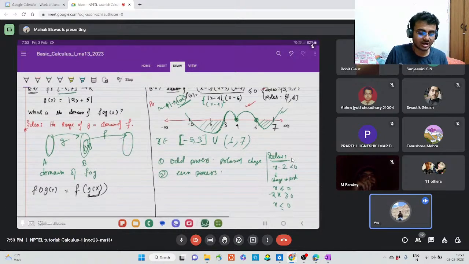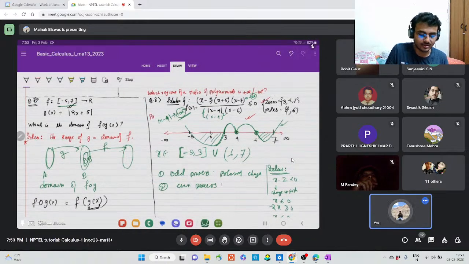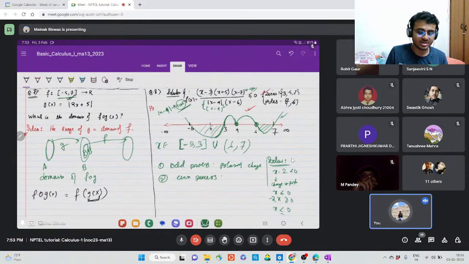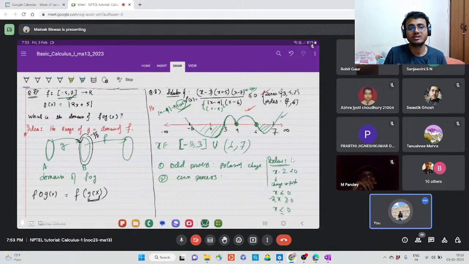So your f's domain is minus 5 to 7. So what should G's range be? This is your minus 5 to 7. So G's range should be inside this, right? If you have anything outside minus 5 to 7, will f be able to plot it? No. This is the most clear thing you need to understand.